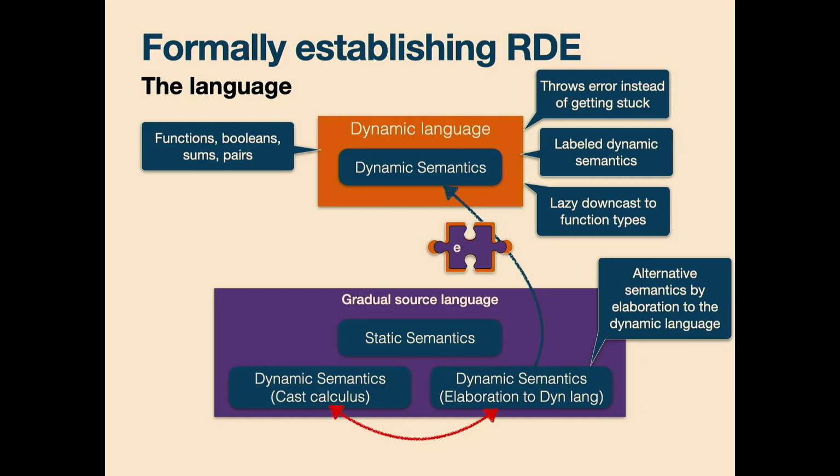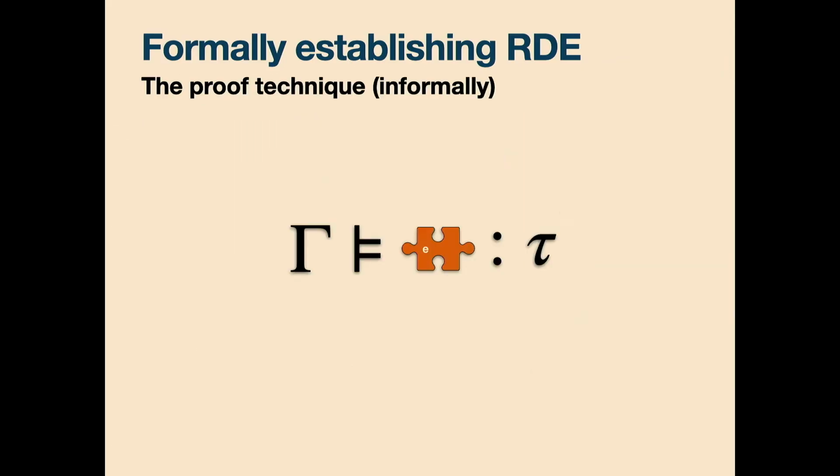And we prove, of course, that these two dynamic semantics are equivalent. So everything that we did, we did by using the dynamic semantics. We did this because our formal proof is based on a notion of semantic typing for the dynamic language.